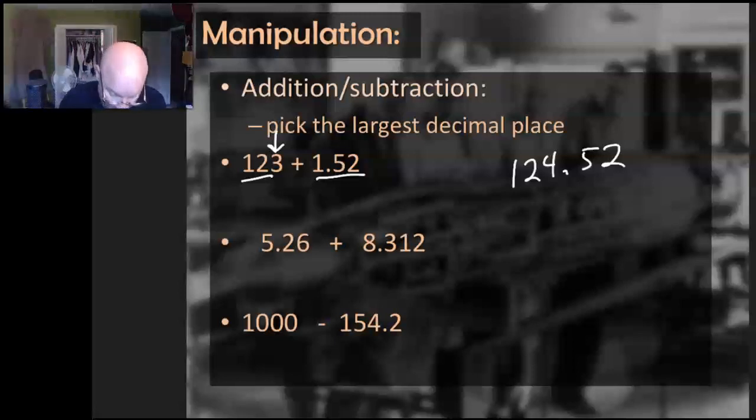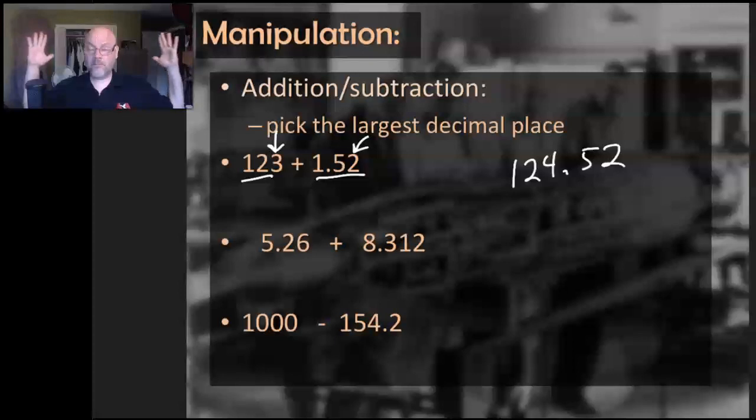Now, over here with this number, 1.52, that's 2 centimeters. So if you've got something and it's fuzzy on the scale of a meter, fuzzy on the scale of a centimeter doesn't matter. It's completely obscured.